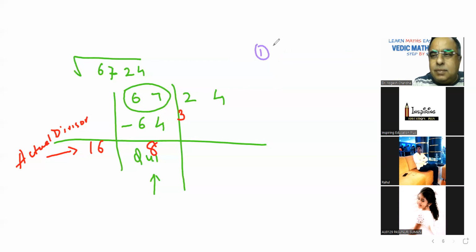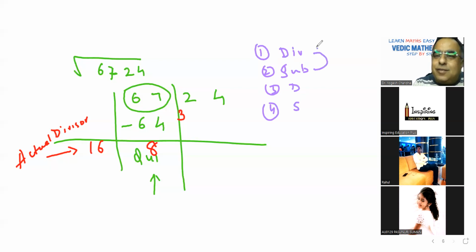First it was division, then subtraction, then subtraction. Division, subtraction, subtraction. Correct? Here you'll reverse. First subtraction. Now this is the difference, and that was the reason I told you that day also.